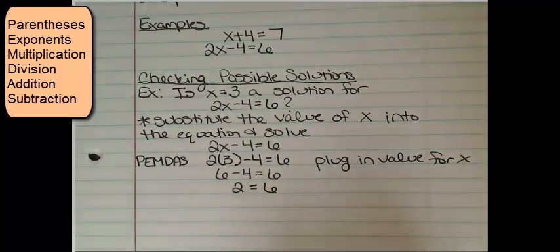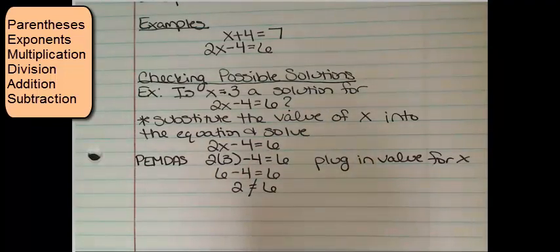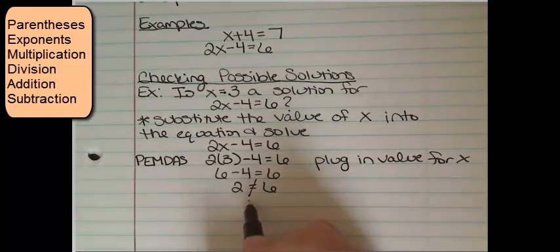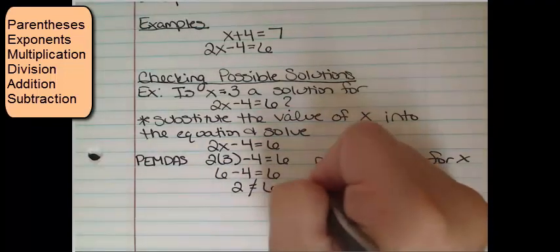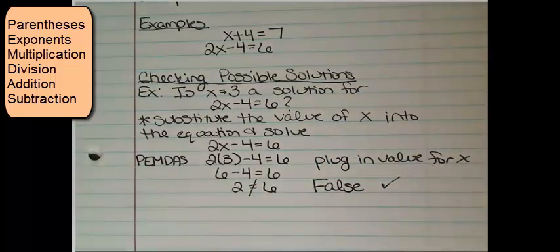Does 2 equal 6? No, 2 does not equal 6. And when something doesn't equal, then we put a slash through it. So this is a false statement. So on your homework, if they gave you that as a question, is x equal to 3 a solution for this problem? We came up with false, so that would be false.